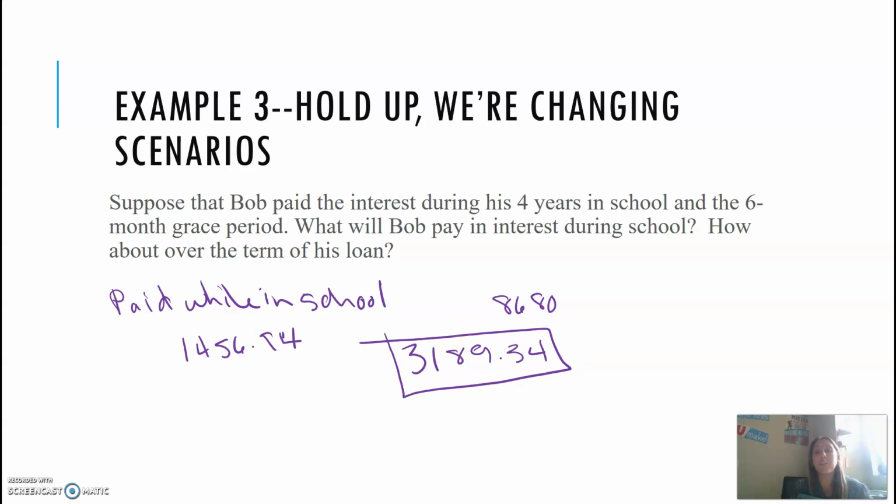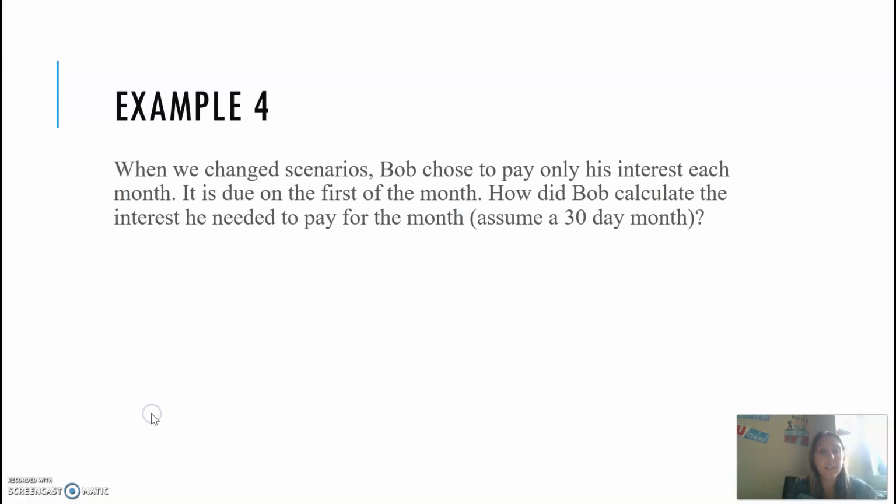So make sure that you got all those notes that I did in Desmos, because I did all the math instead of writing it out in Desmos so you could see it. Make sure you put all of that in there. So you have to add the original loan amount. All right. So now, when we changed scenarios, we said that Bob chose to pay the interest, but we would want to know how much he would pay.